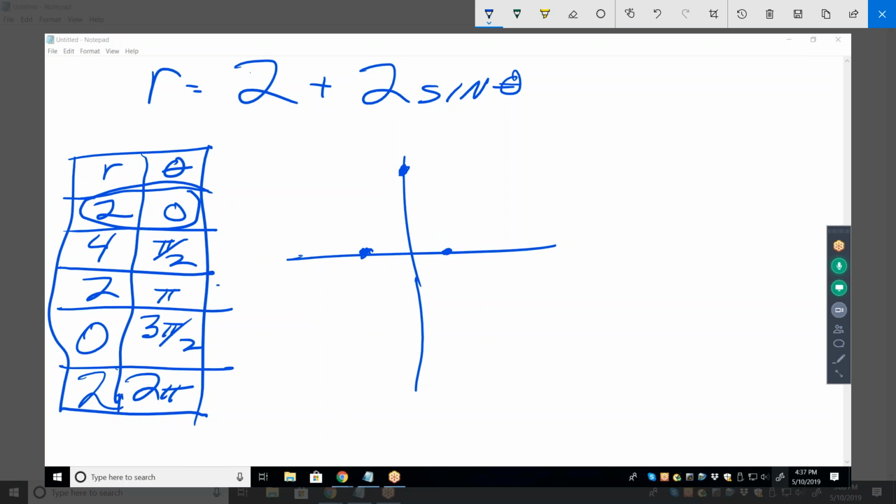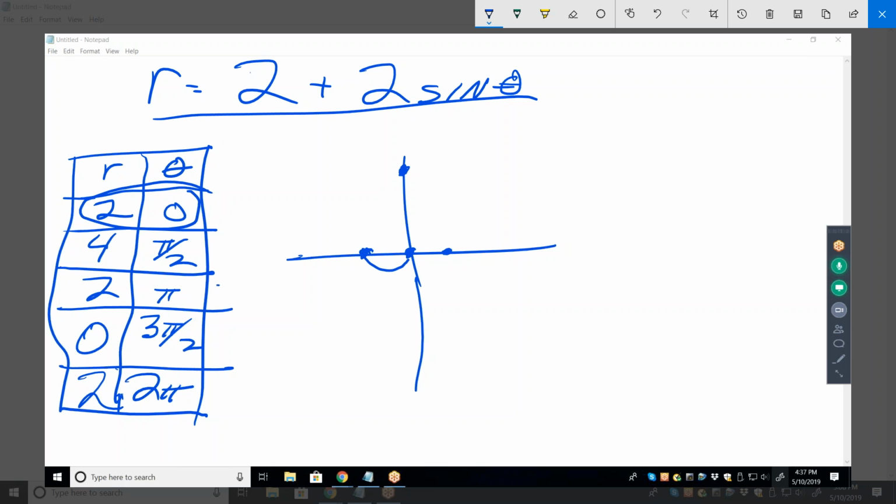Puts it right there. Then at 3 pi over 2, r is 0, so it's right there. And finally, at 2 pi, r is back to 2. We only have 4 points there, but we know it's a cardioid because it fits the equation of a cardioid, and it's easy enough to draw.